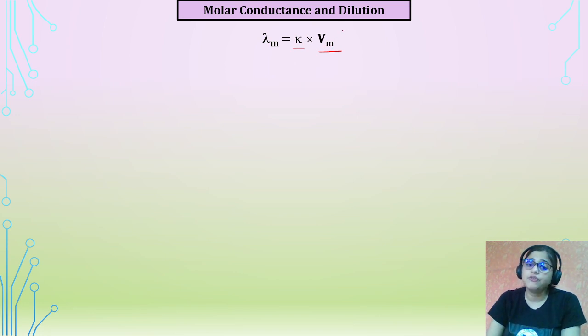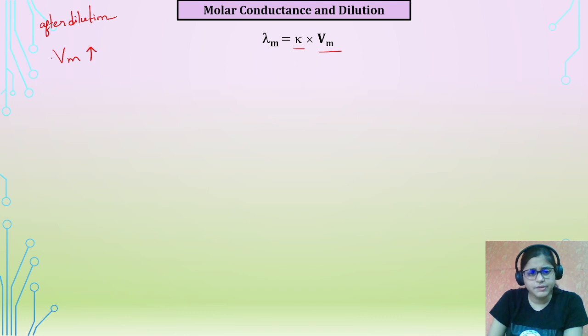Because with dilution, what is happening? Volume increases, so obviously molar volume will increase. So after dilution, volume will obviously be increased, right? So Vm will increase. So Vm dash is now greater than Vm.